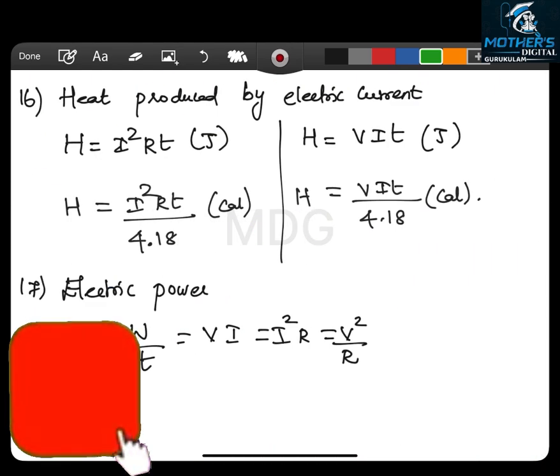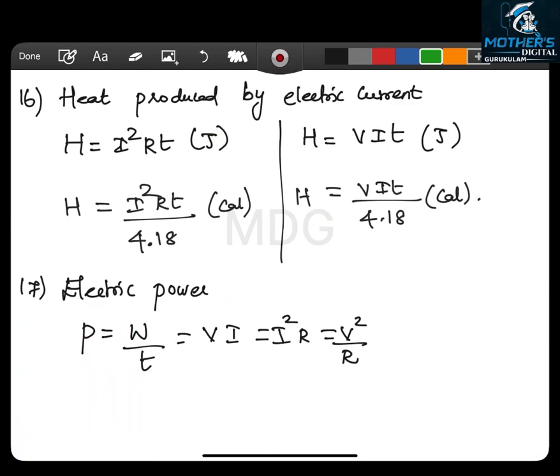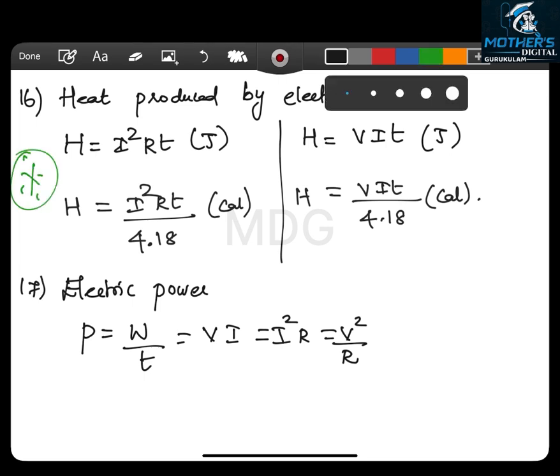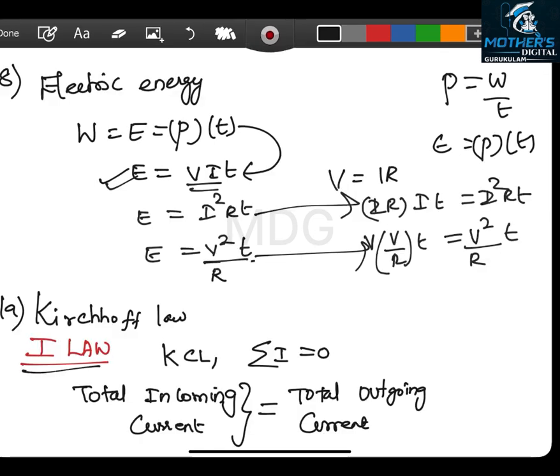Then we'll move on to the heat produced formula, heat produced by electric current. Already these things we discussed in our class 10. So we know Kirchhoff's laws. The first law, the KCL rule, Kirchhoff current law: summation I equal to 0 at any junction. So the incoming current is equal to outgoing current.